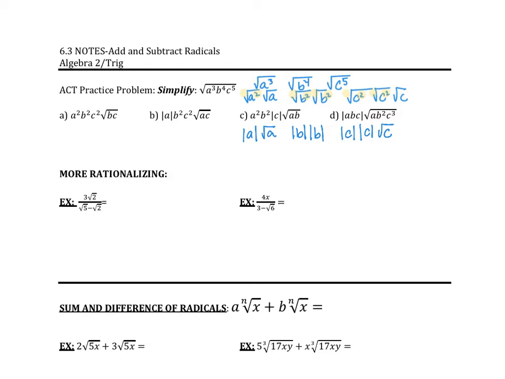Hopefully, though, you looked at this and said, okay, if I have the absolute value of a, that has to be true. And then what happens when I have two of the same numbers being multiplied together? Well, it would be the absolute value of b squared.